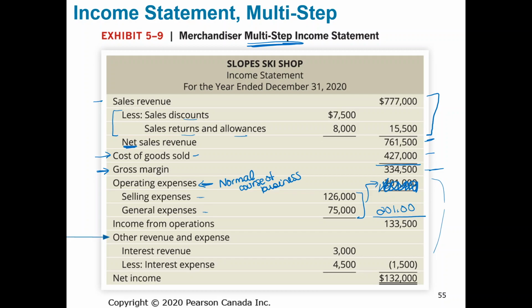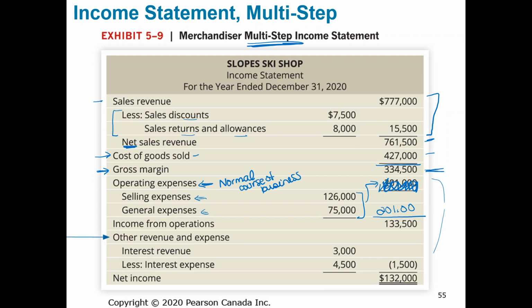So any expenses that we have that are directly related to selling, so maybe advertising, that would be part of selling because we have to advertise in order to get sales made. Things like that would go under the selling expenses. And then general expenses would just be, in general, what do you need to run your business? So office expenses, office supplies that are used, office salaries for those staff, things like that. So they're not directly related to selling goods, but they're still needed in the normal course of running this business.